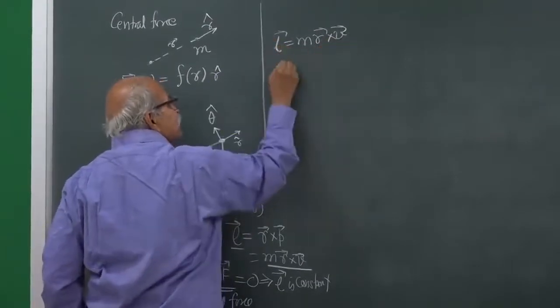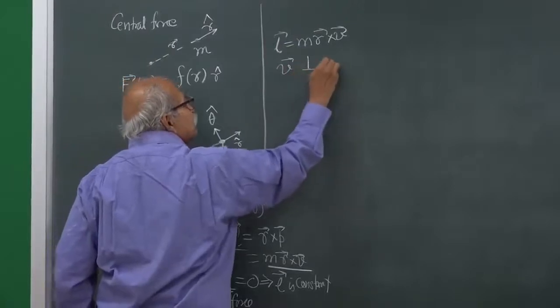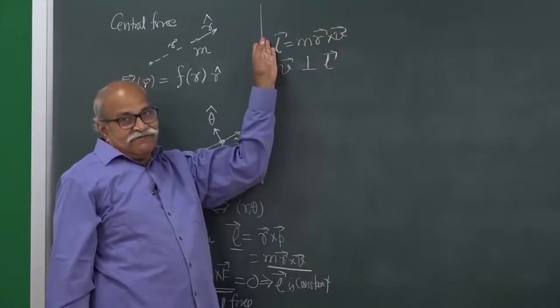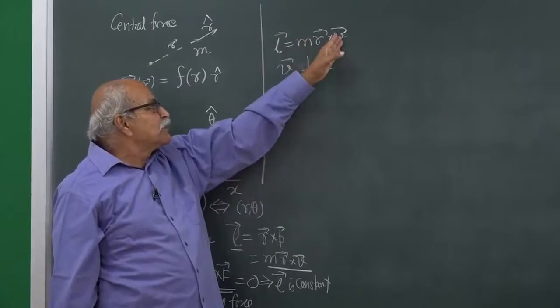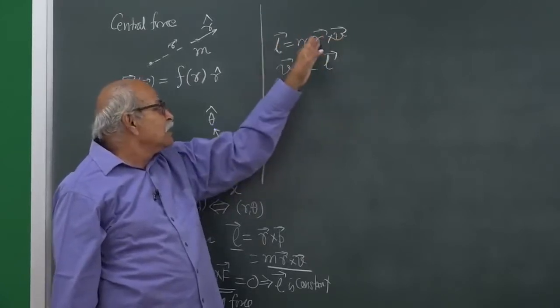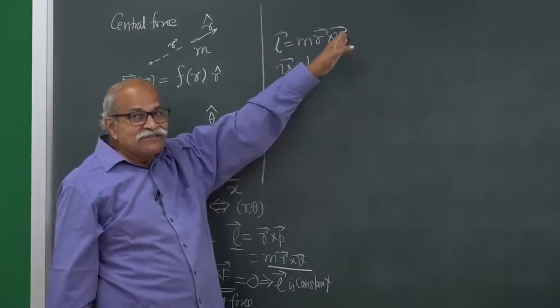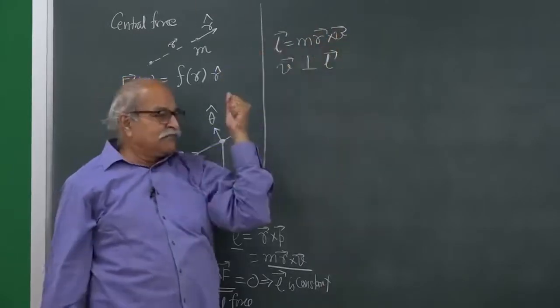That is how the cross product is defined: the cross product of two vectors is perpendicular to each of these two vectors. So, L is perpendicular to r, L is perpendicular to v. I am interested in the second part. So, v is perpendicular to L, and L is a fixed vector.